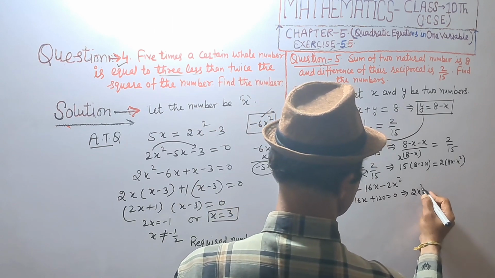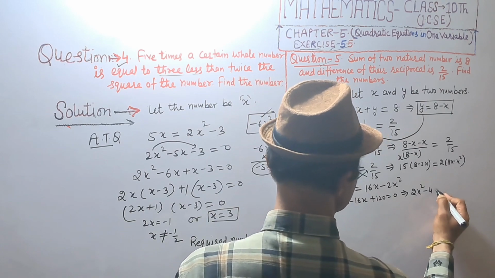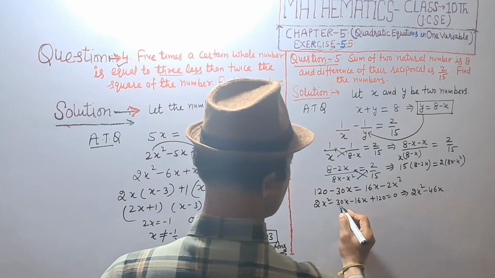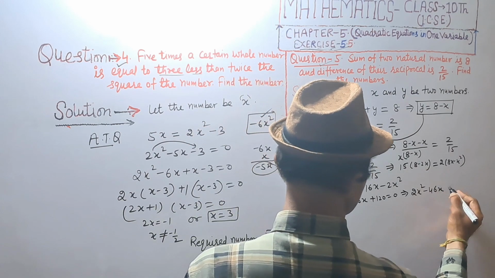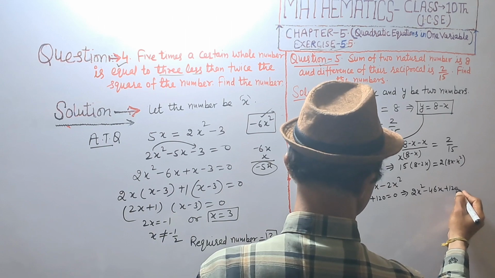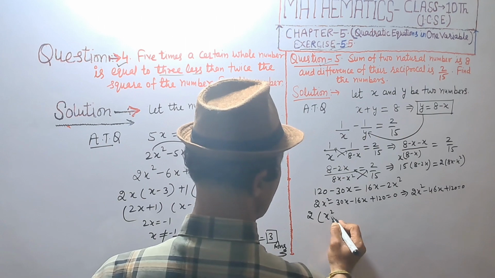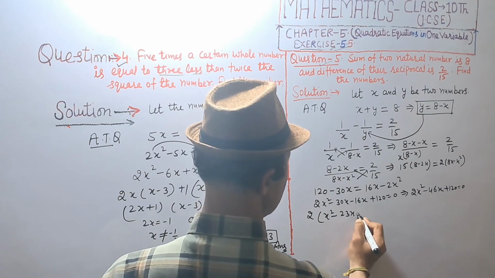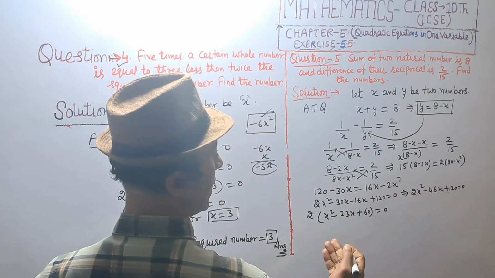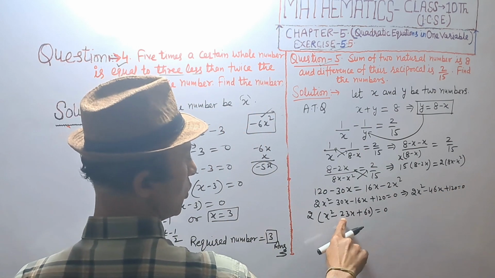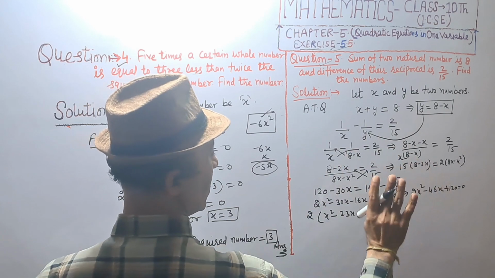2x square minus 46x plus 120 equal to 0, and we are taking common 2 in bracket, x raised to power 2 minus 23x plus 60 is equal to 0. 2 is taken common. 23 2s are 46 and 60 2s are 120.